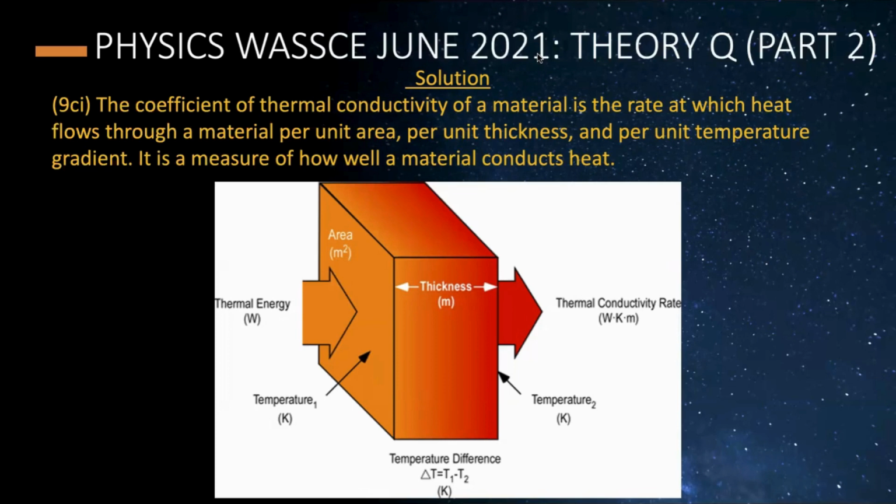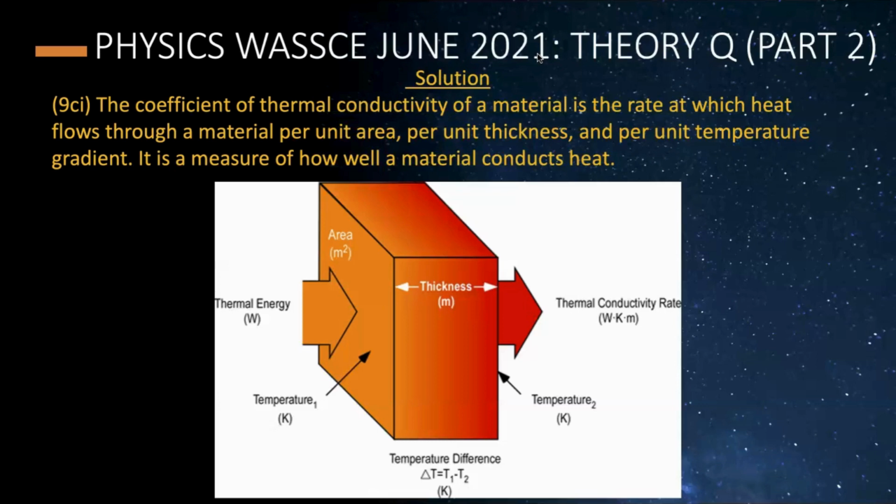So heat energy actually flows, and the rate at which that happens through a material per unit area, per unit thickness, and per unit temperature gradient is what we call the coefficient of thermal conductivity of that material. So this differs for different materials, right? And in a simple way, it's a measure of how well a material conducts heat.